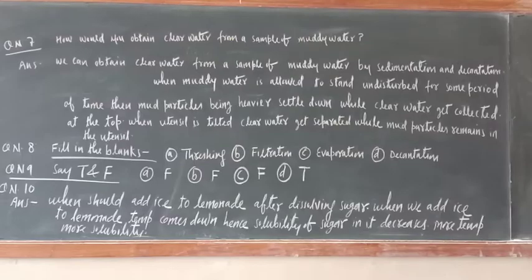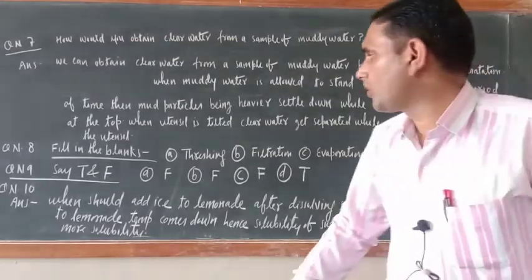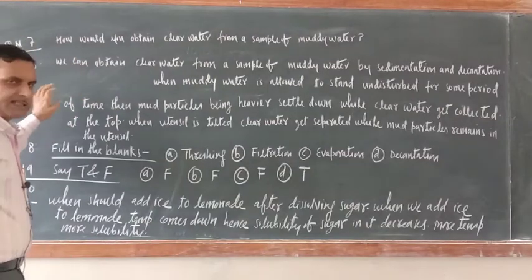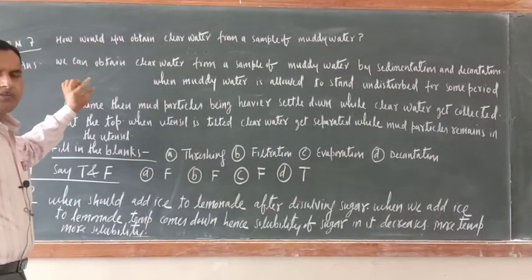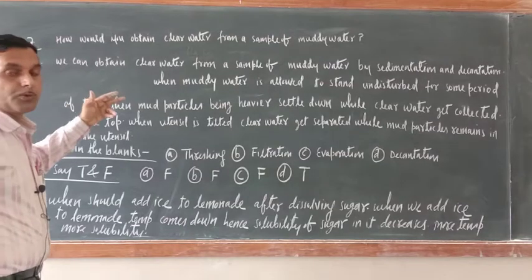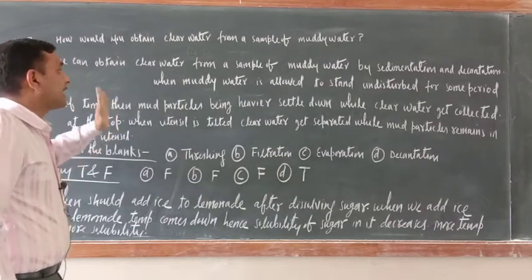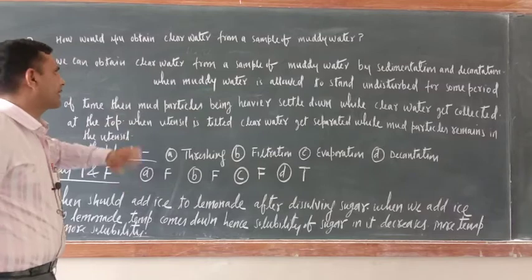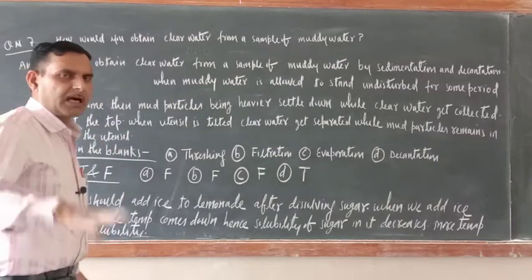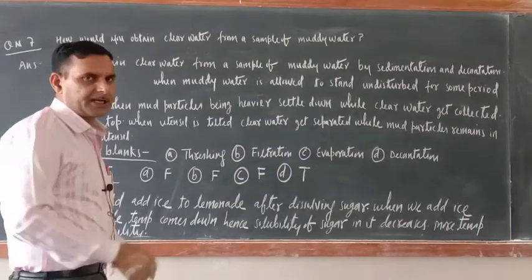So dear cadets, now question number 7: how would you obtain clear water from a sample of muddy water? Just see, in water what is added? Mud is added. So how can you separate the clear water from the muddy water? Try to understand. In the earlier method also I taught you sedimentation and decantation.